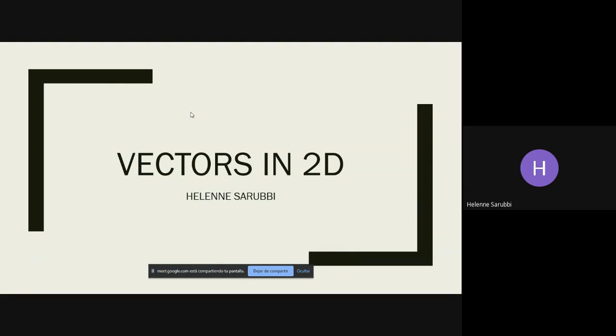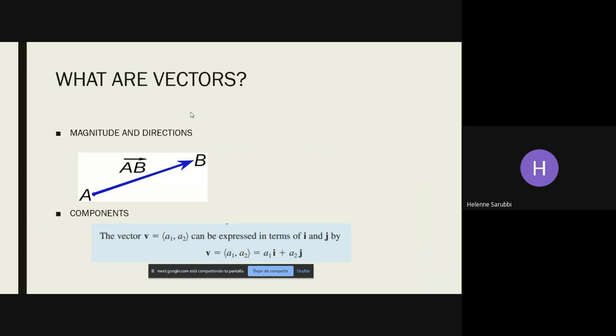My name is Helen Sarvi, and my topic for the PBL class is going to be vectors in two dimensions. So first we need to understand what vectors are. Vectors are quantities with magnitude and assigned direction, shown with an arrow to specify the direction.